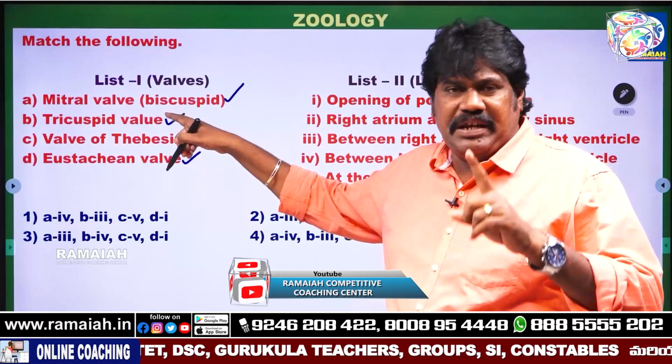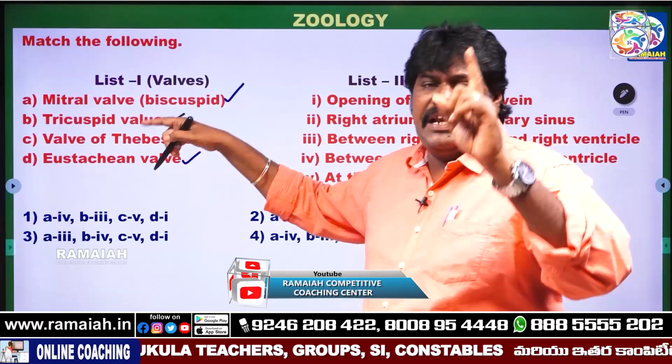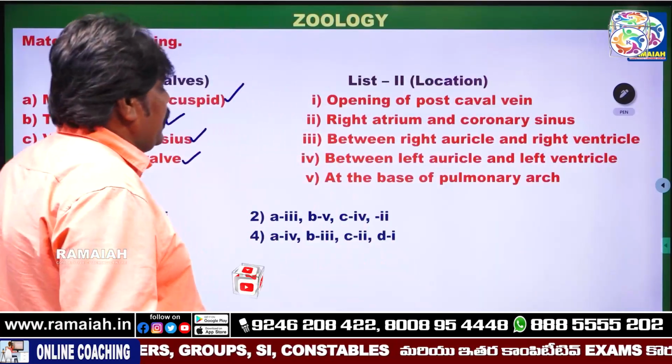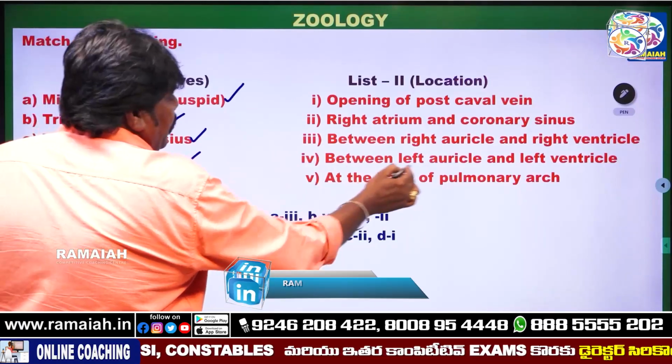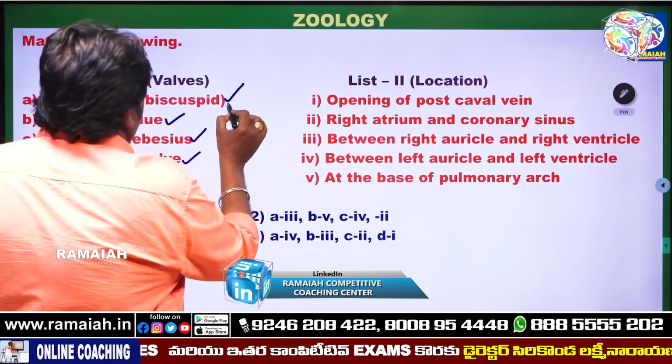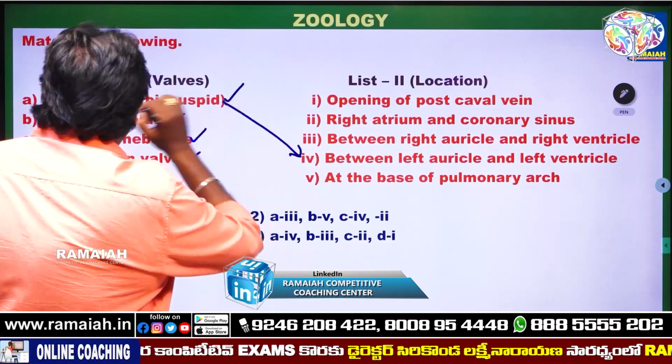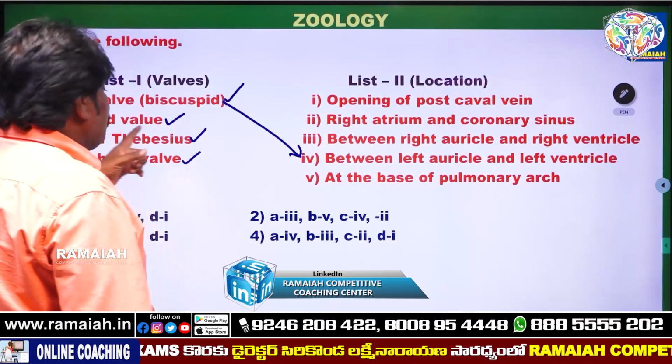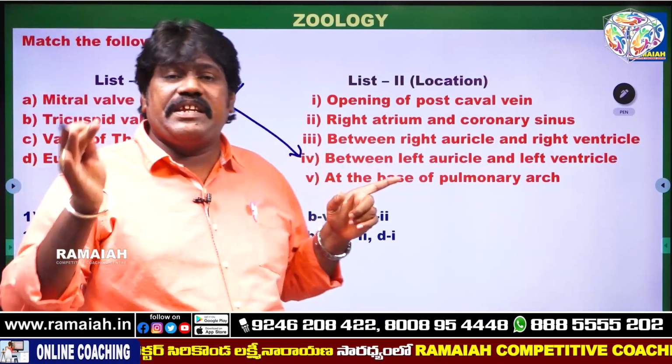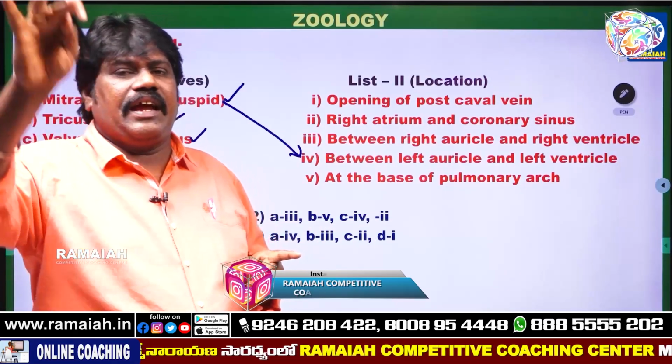It is present in between the left auricle and the left ventricle. So between the left auricle and left ventricle, what is present? That is the mitral valve. And then the tricuspid valve is present in between the right auricle and right ventricle.